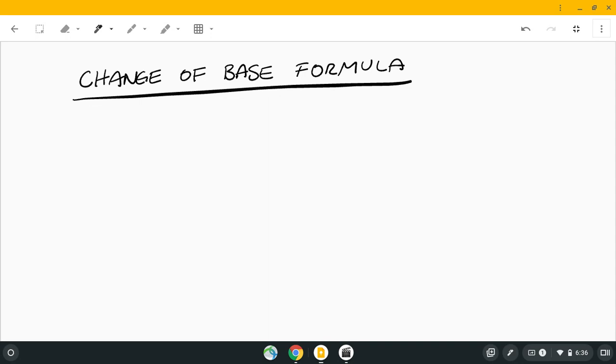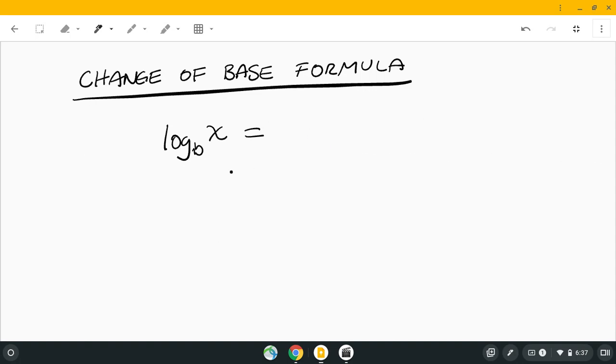The change of base formula says that if you have a log with some base and you're taking the log of something, and you don't have that base on your calculator, then you can use this formula, which allows you to change the base. So if this is base 2, but you don't have log base 2 on your calculator, then you can use this to change the base.